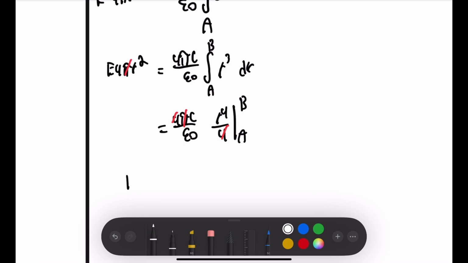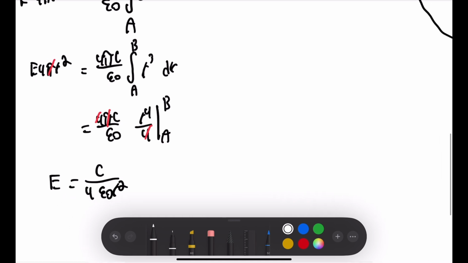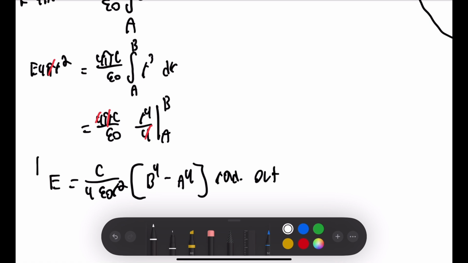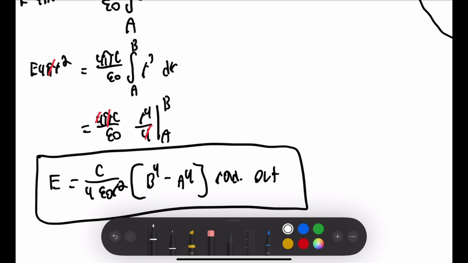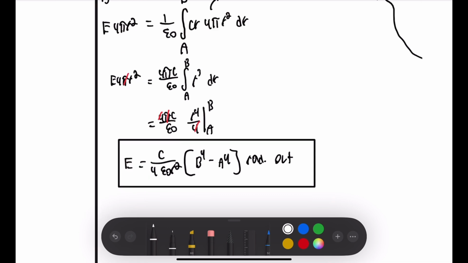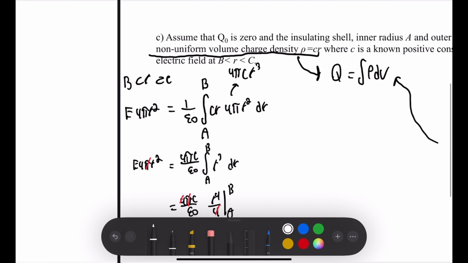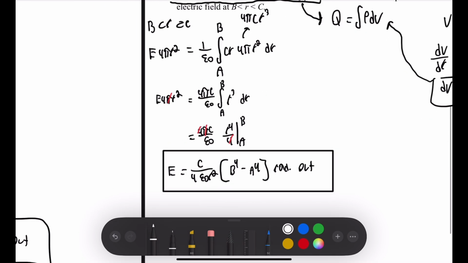So then E is just going to be C over 4 epsilon naught r squared times what we got in our integral. So it's going to be B to the 4th minus A to the 4th, and this will be radially out as well. Yep, so that's the answer for this part.